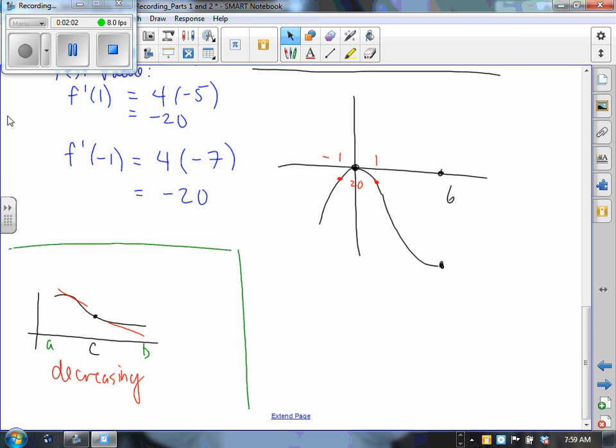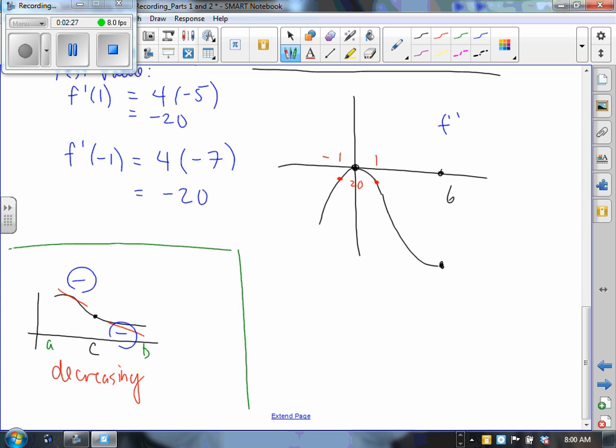So a variety of different situations exist, right? These are both negative. We could come up with several others, but the point that is really important is that the slopes of the tangents are both negative, and that relates back to this graph of this cubic function.